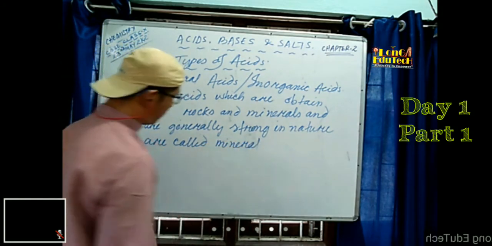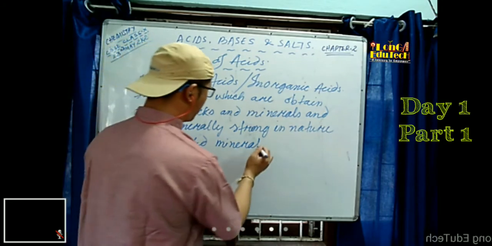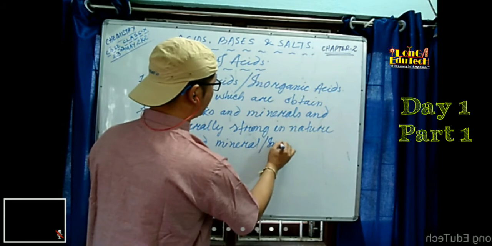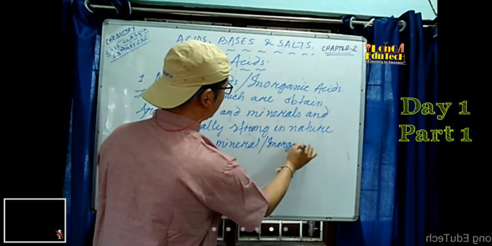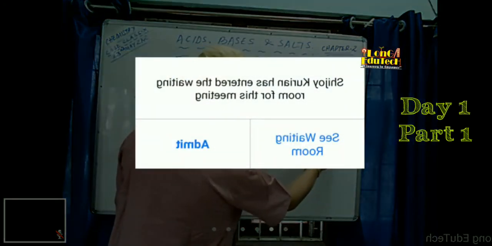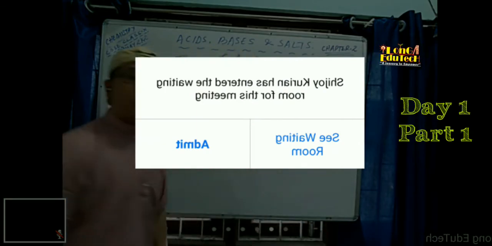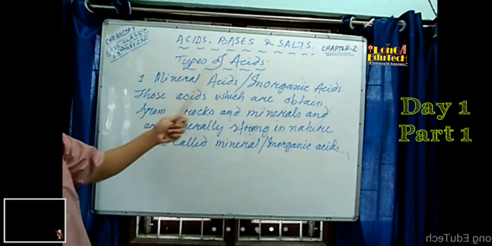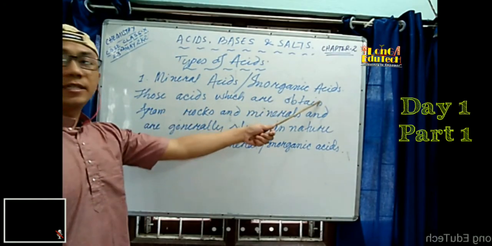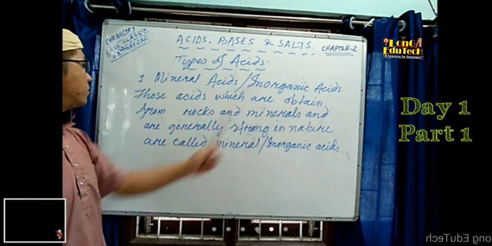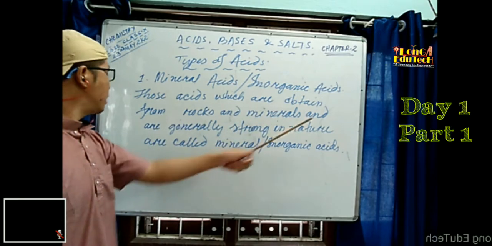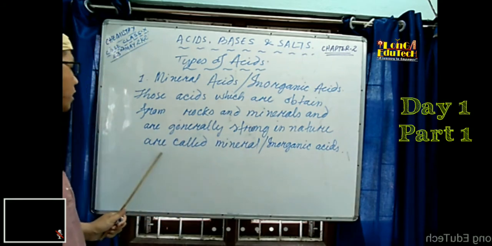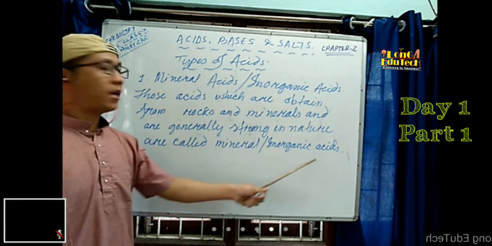If you have any inquiry, just unmute and you can ask. So, mineral acid or inorganic acid: those acids which are obtained from rocks and minerals and are generally strong in nature are called mineral or inorganic acids.